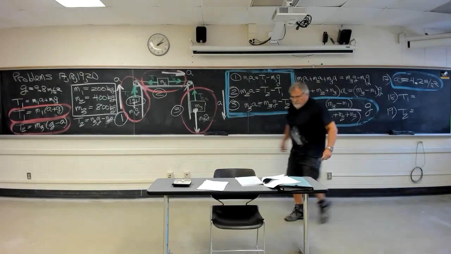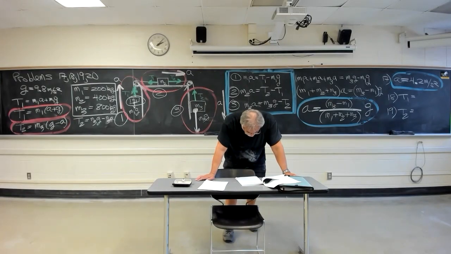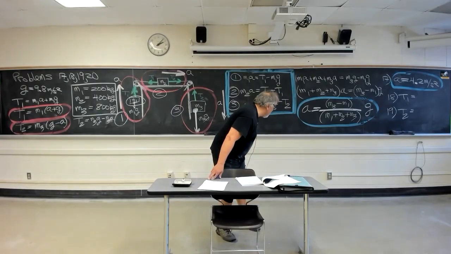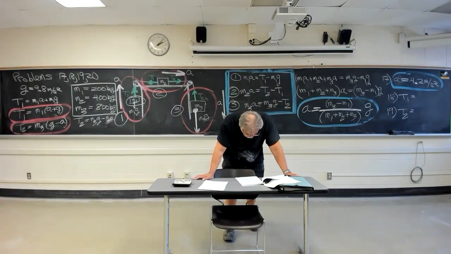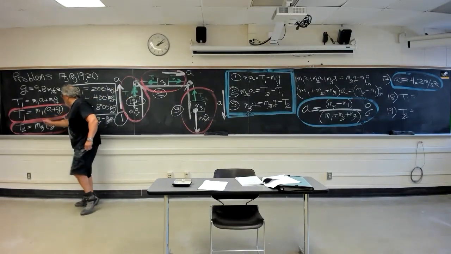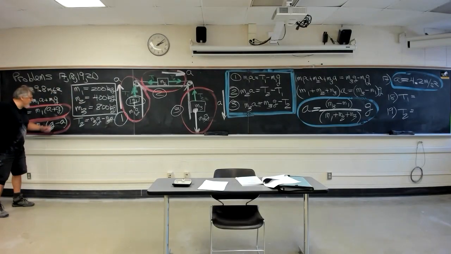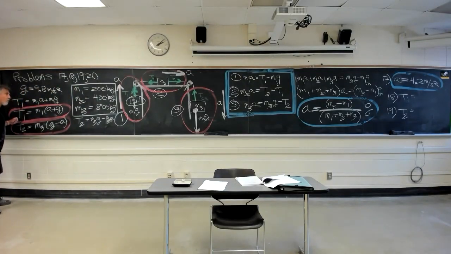T1 we said what it was. Number 17, the acceleration was 4.2 meters per second squared. Let's walk through T1. T1 is equal to all this.